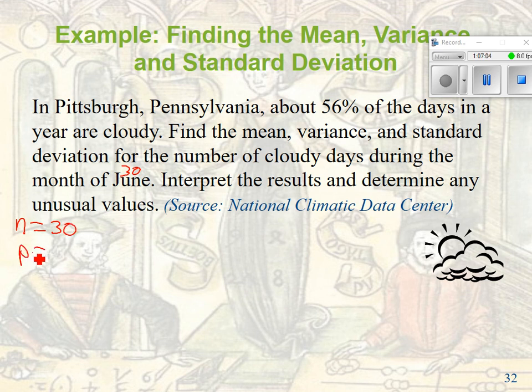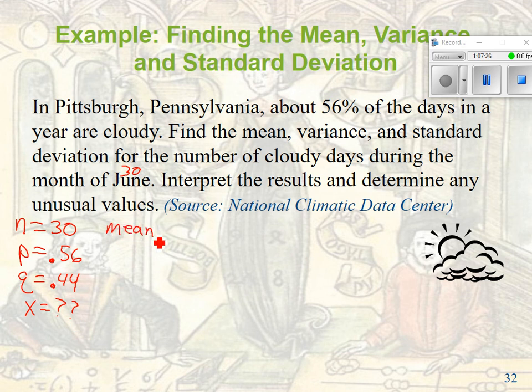What's p this time? 0.56. What's q? 0.44. Our x, we're not sure what it is, and we really don't care what it is because we're just trying to find the mean, variance, standard deviation.